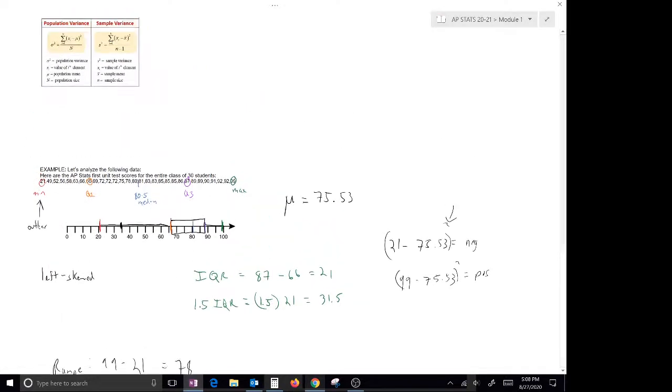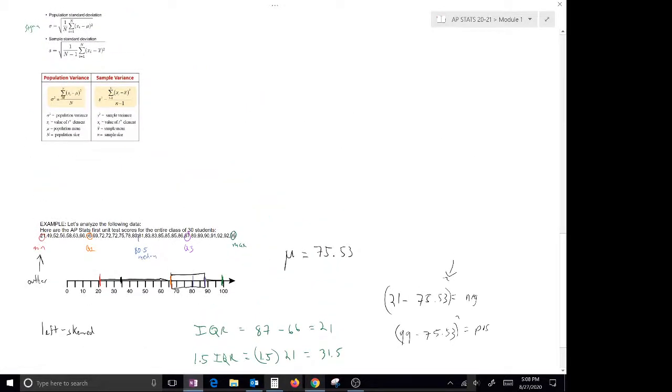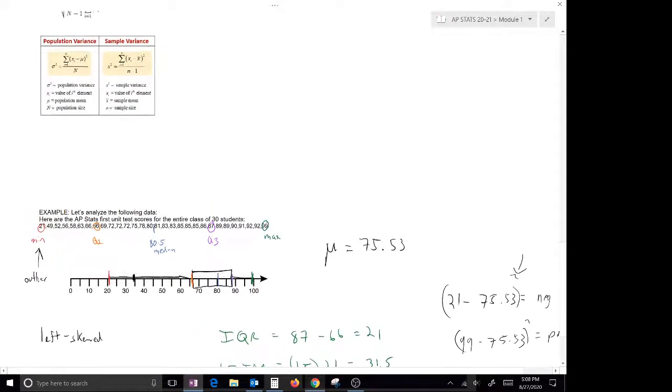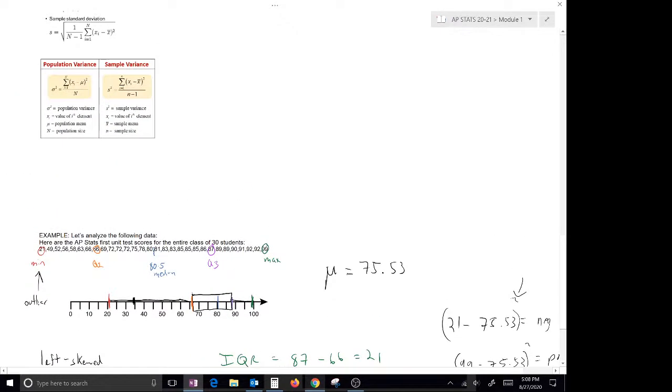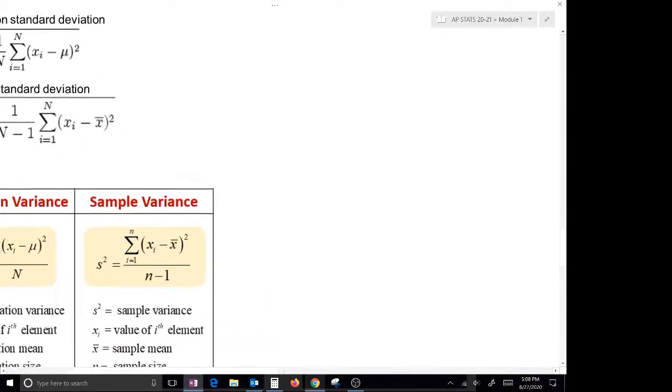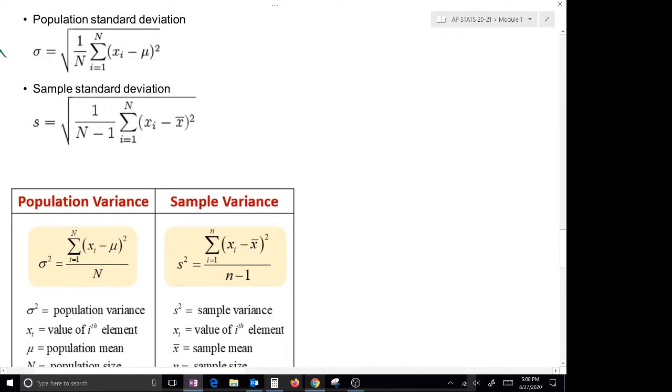Now you notice that there's two different formulas for standard deviation of a population and standard deviation of a sample. The only difference, actually, well, there's two differences. One is the letters that they use. So again, if we're dealing with the population, we use mu for the letter for our average.